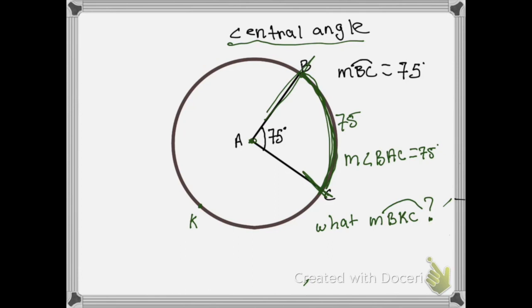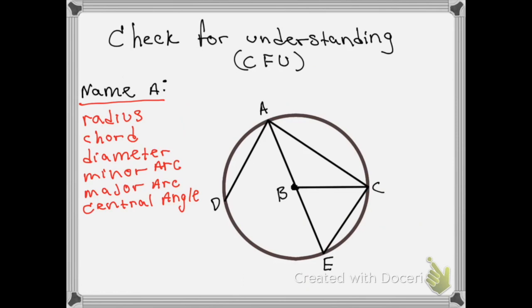So now that means that BKC has to measure 285 degrees, right? That means that the measure of BKC has to be 285 degrees, right? Because 285 plus 75 is 360 degrees.